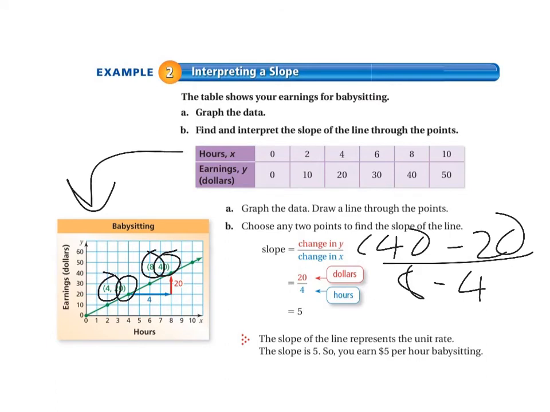So that's dollars per hour. And when we simplify that, 20 divided by 4 is 5. So that means we make $5 per hour babysitting.